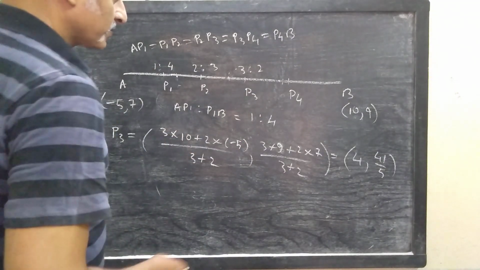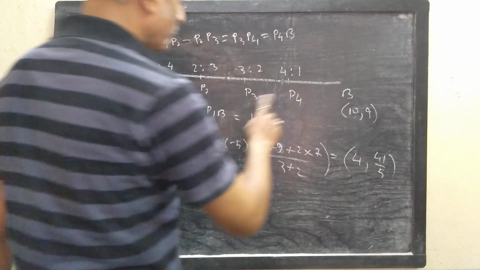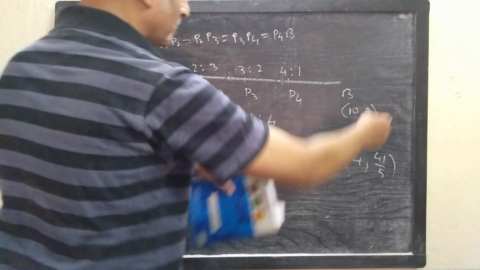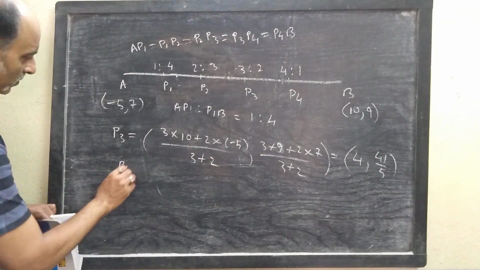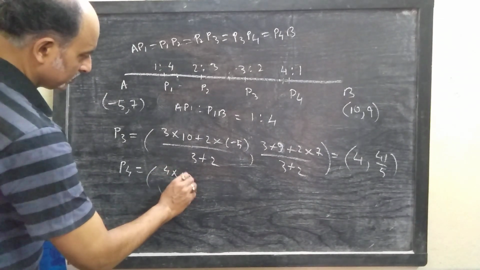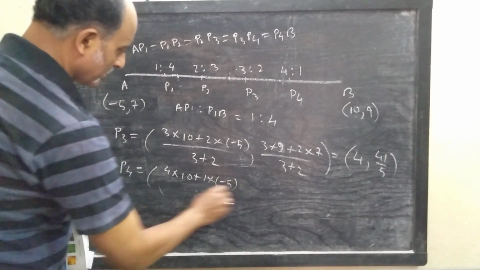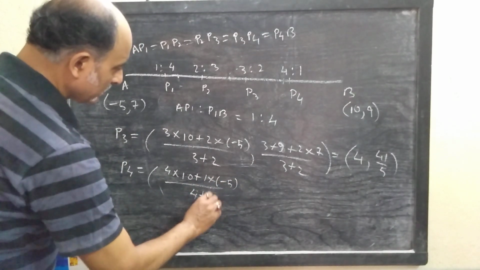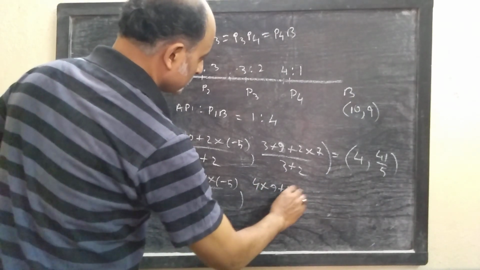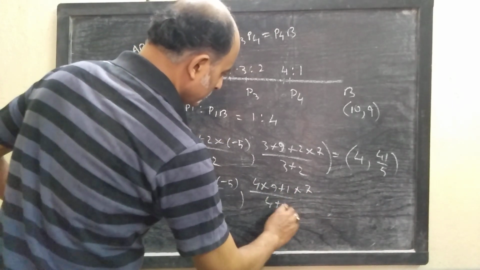Then P4. It is obvious that P4 will divide AB internally in the ratio 4:1, because here are 4 parts, here is 1 part. So the coordinates of P4 will be 4 into 10 plus 1 into -5, by 4 plus 1, then 4 into 9 plus 1 into 7 by 4 plus 1.